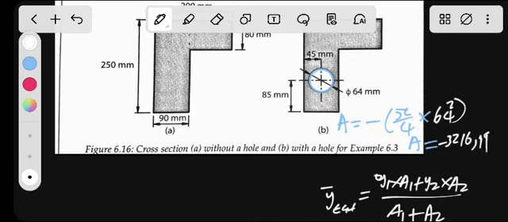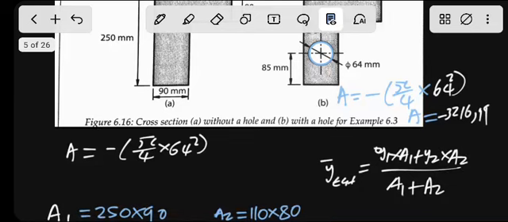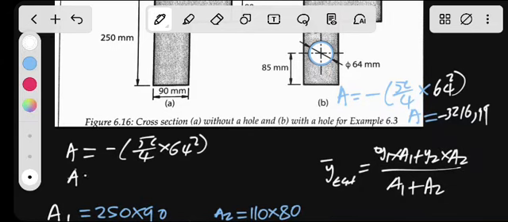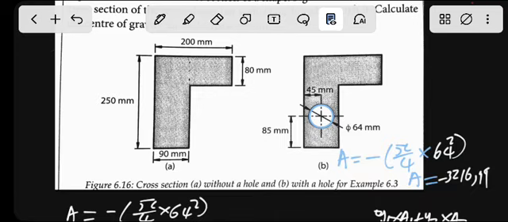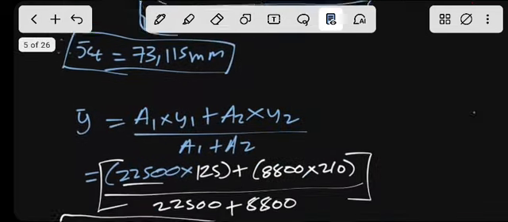So the area there will simply equal minus pi over 4 multiplied by 64 squared, which is our diameter. The area will be minus 3216.99 millimeter squared. We remove that, so everything is the same. You just subtract your areas. Now everything will be the same, guys.